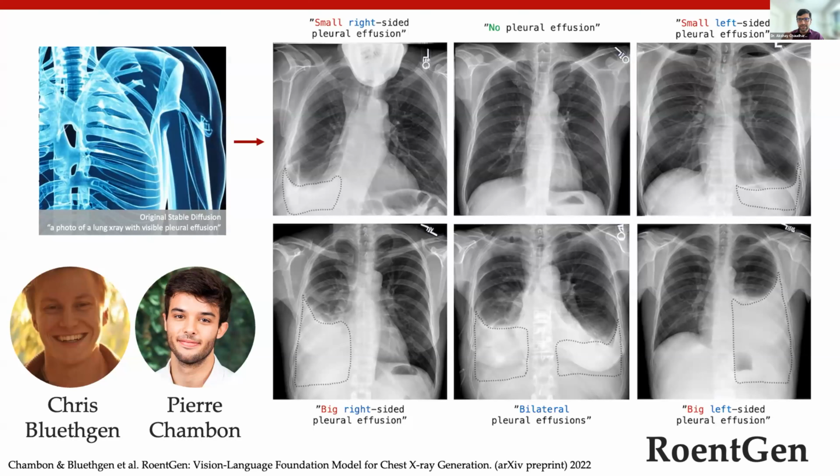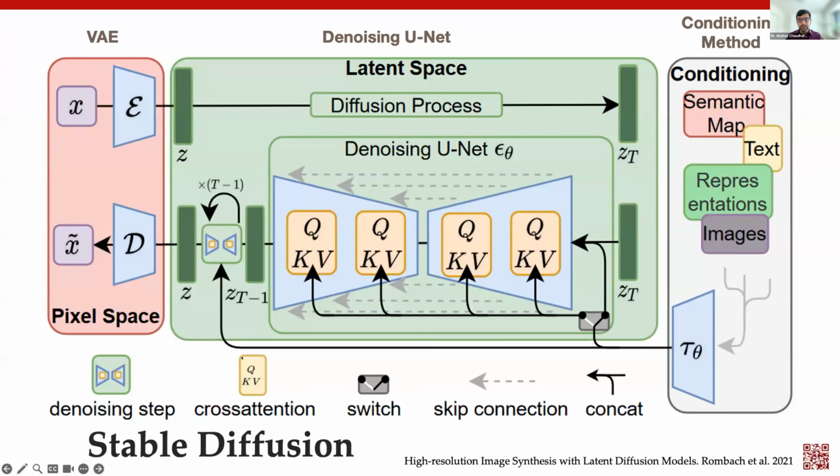Over the next few slides, I'll briefly talk about how we trained this model and some interesting application areas that it can enable. So we learned a little bit about how some of these diffusion models work, and this is the underlying architecture of the Stable Diffusion model. It's very complicated if you just look at this slide, but we can actually break this down into three very simple components.